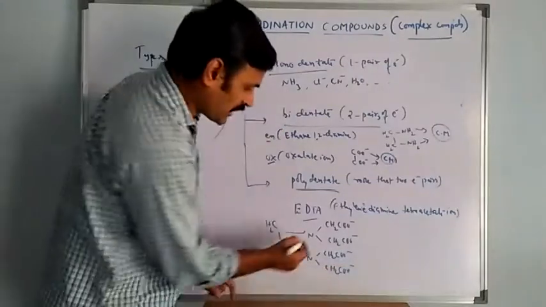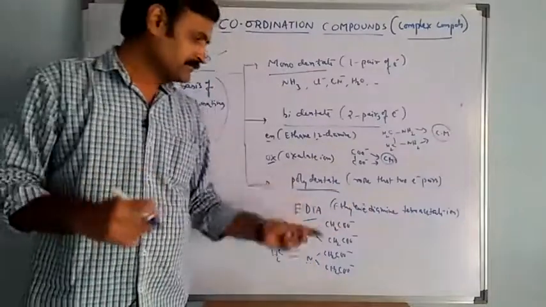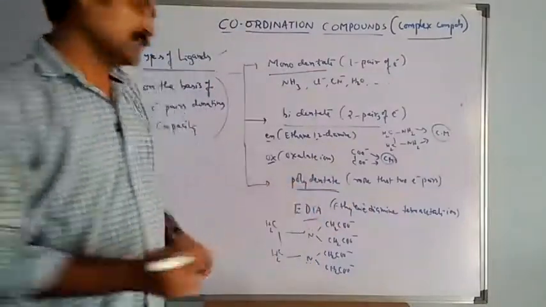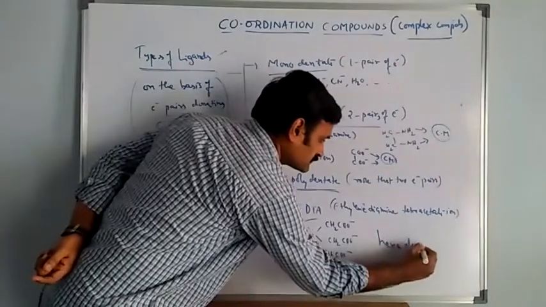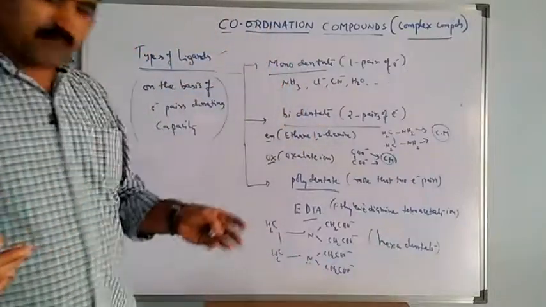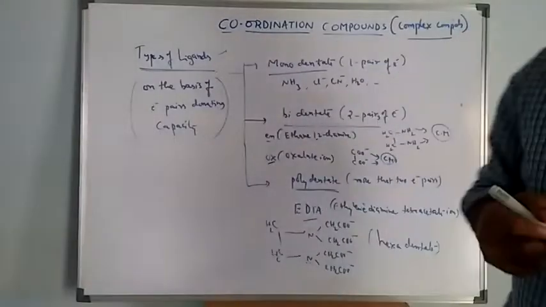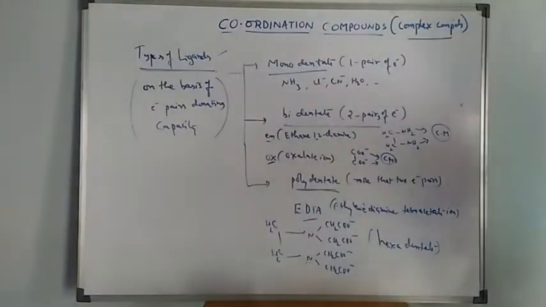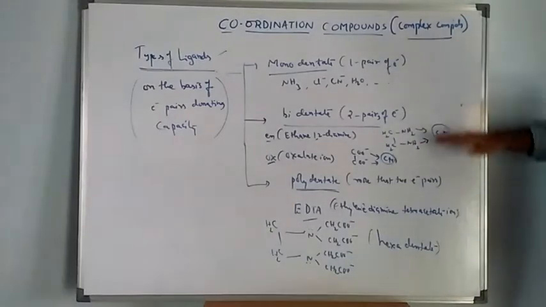These are 4 and these nitrogens are 2, a total of 6. That's why we call EDTA a hexadentate ligand. Some other examples we have, tridentate, like diene is an example for tridentate, but the most important examples we have observed in this classification.